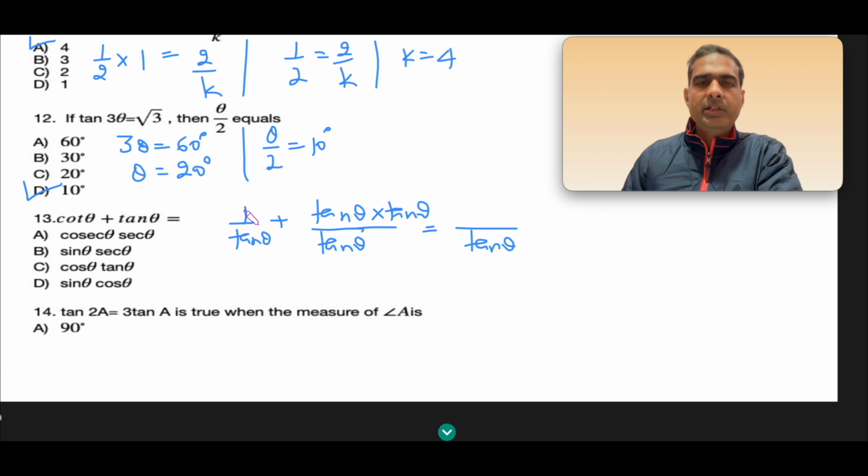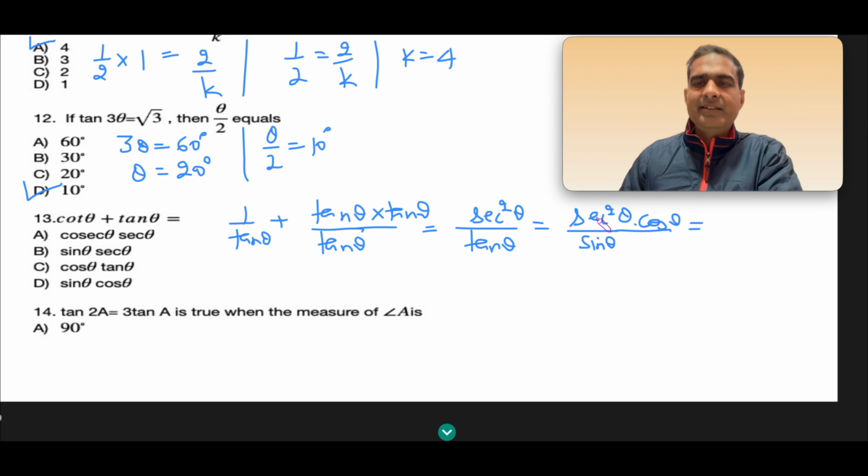So numerator is 1 plus tan square theta, that is sec square theta. So sec square theta by, this is sine theta into cos theta. Tan theta I wrote as sine theta by cos theta, so cos theta will go in the numerator.